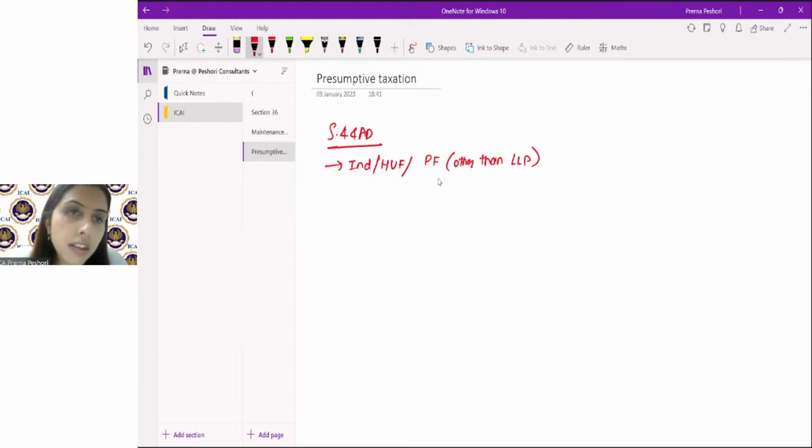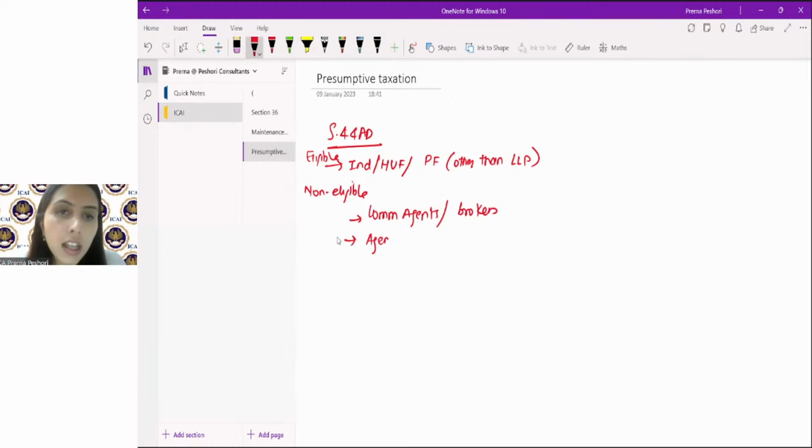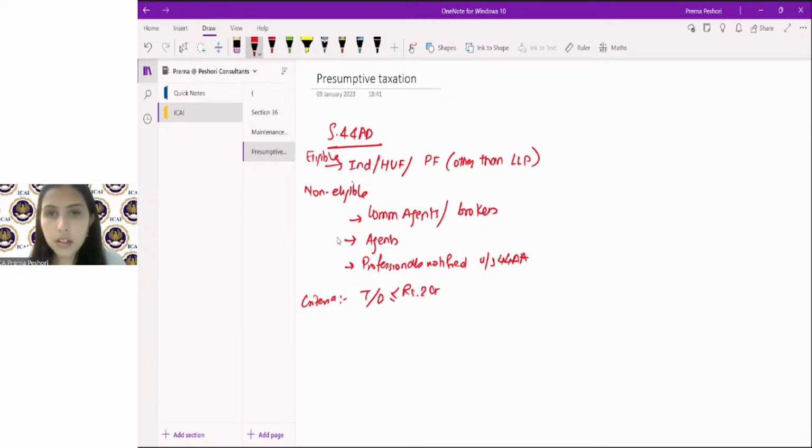Right? These are the eligible. Who is non-eligible? Commission agents or brokers, agents, and professionals notified under section 44A, 44AA. What is the criteria? Turnover less than or equal to rupees 2 crores.